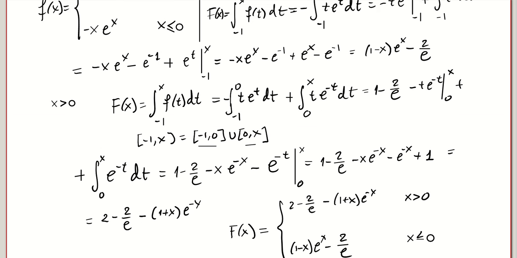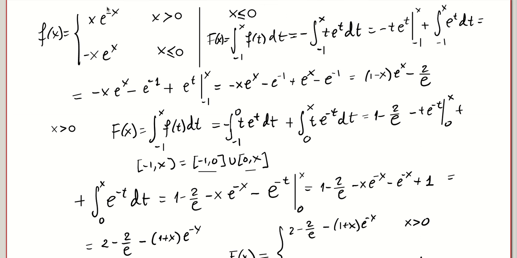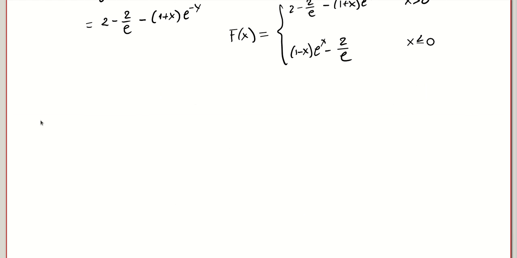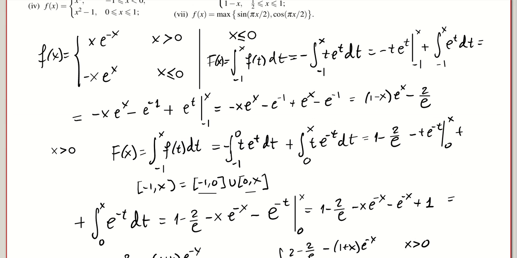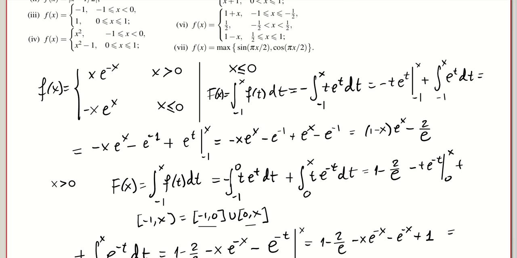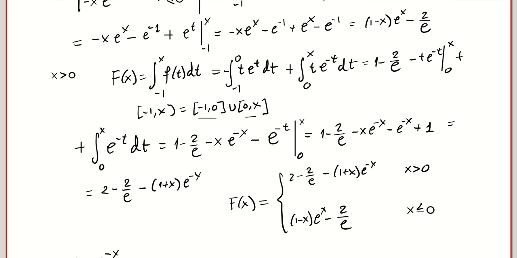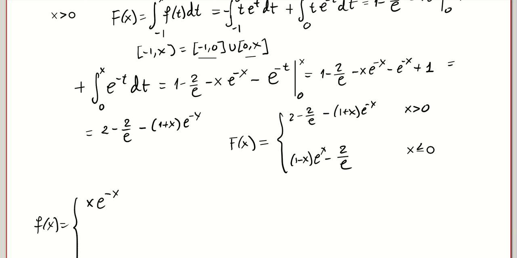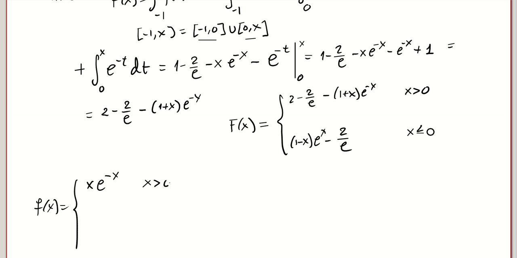The second method is, okay, you take the same function here, right? So let me copy it down here. F of x is x e^(-x) when x is positive, and it's minus x e^x when x is negative or 0, right?